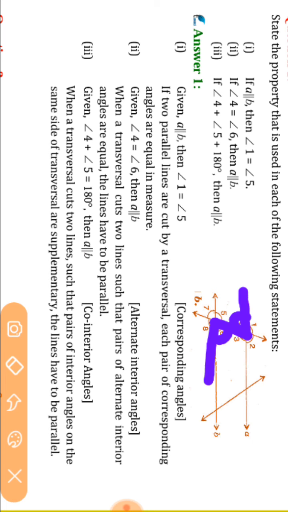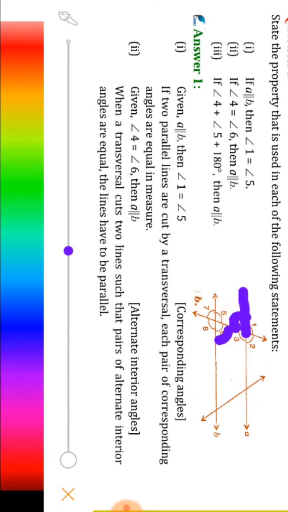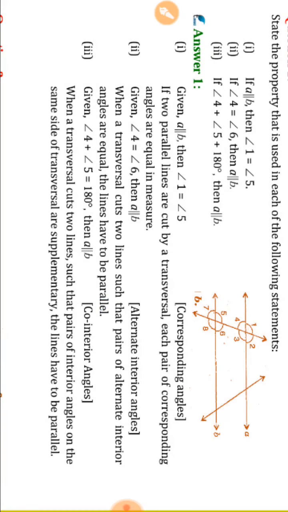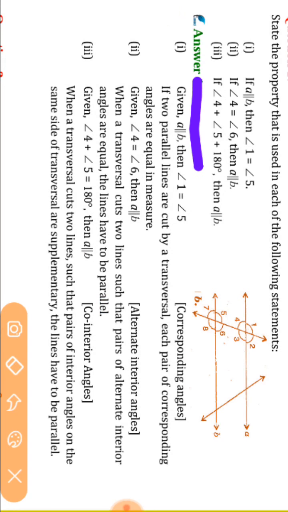Then what can we write? When a transversal line cuts two lines such that the pairs of alternate interior angles are equal, then the lines are parallel. Then which property is it? It is alternate angles.